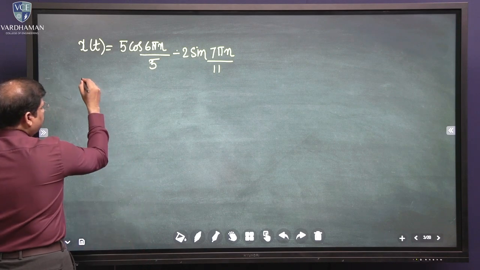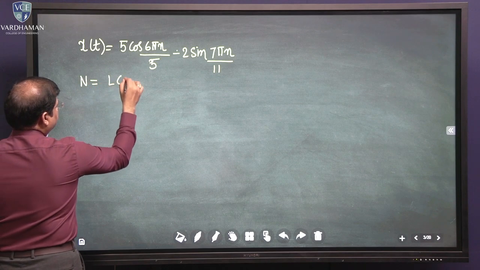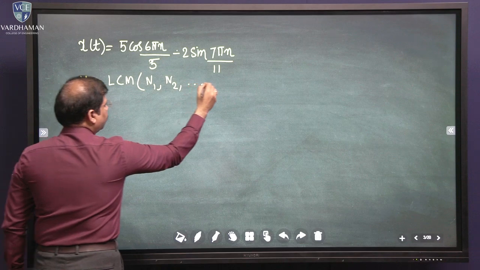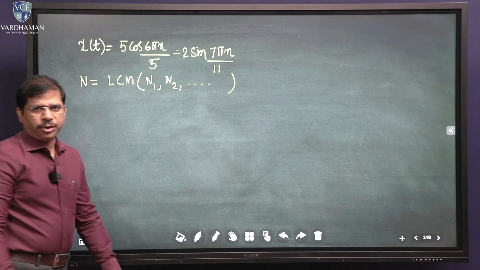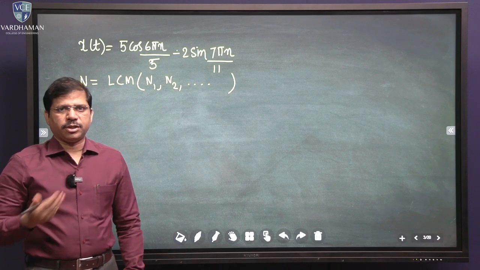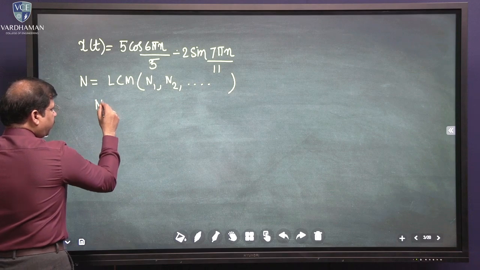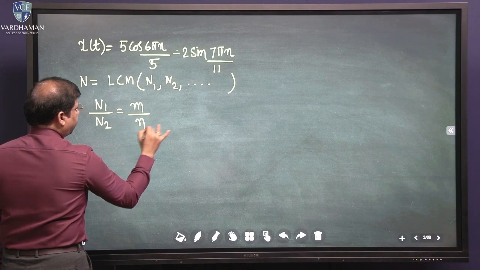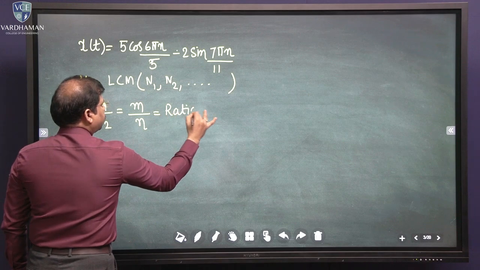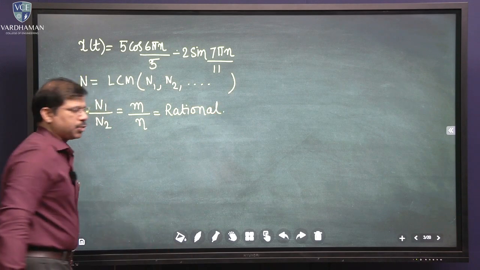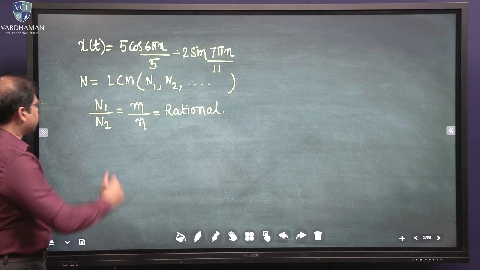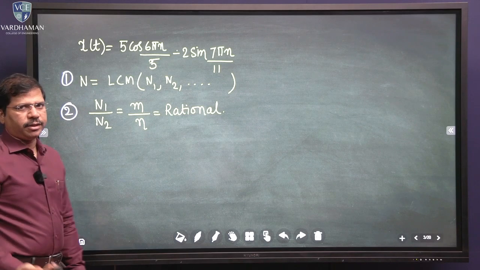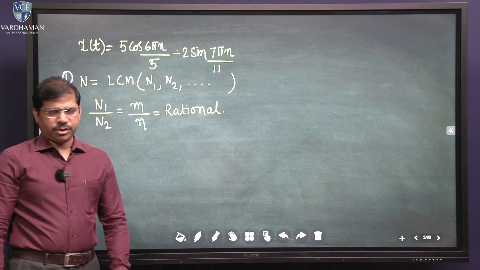The time period n equals LCM of n1, n2 and so on. You can use this formula, but there is another formula we have also discussed: n1 by n2 equals m by n, which is rational. This is method 1, the first formula, and this is the second formula. Either one you use, you will get the same answer.